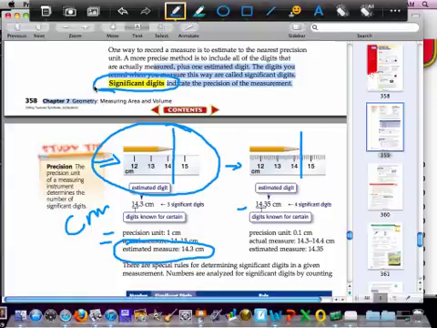So those first three digits are how accurate my ruler can measure, and then that last one is an estimate. And so I get 4 significant digits on that particular one. So my precision unit is a tenth of a centimeter. The actual is somewhere between 14.3 and 14.4, and I'm going to estimate it to be 14.35.